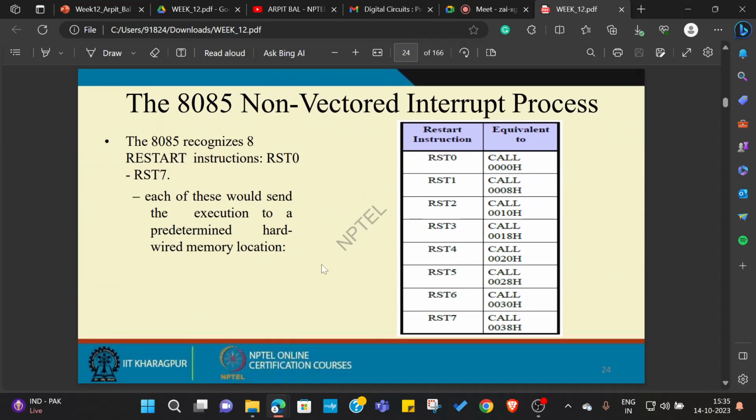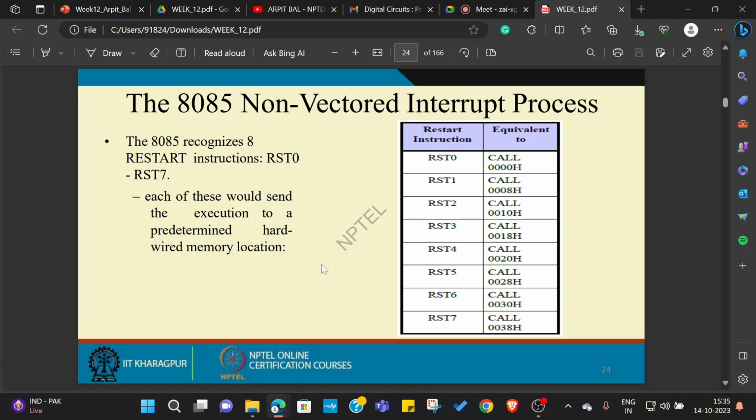Okay, and then I mentioned how to figure out which particular restart instruction is being called, just like we did for CALL 0028H. So that was RST 5. Similarly, you can be given any instruction like this. It can be CALL 0018H, and you should be able to figure out what it is pointing to, RST X. So what is X here?